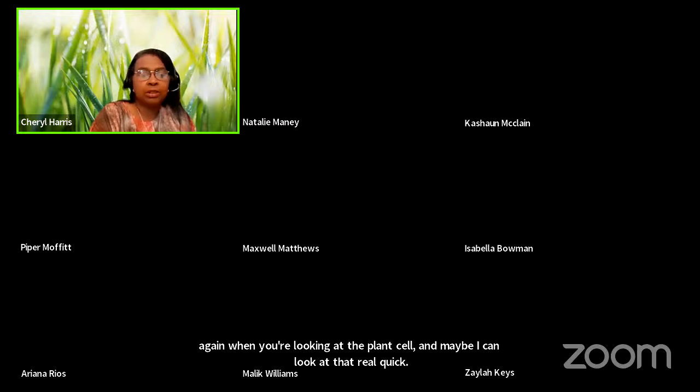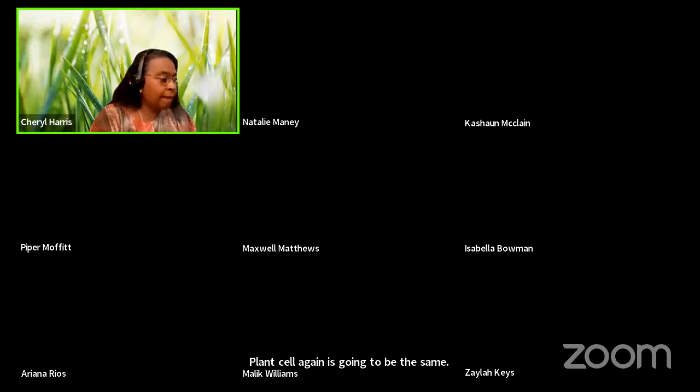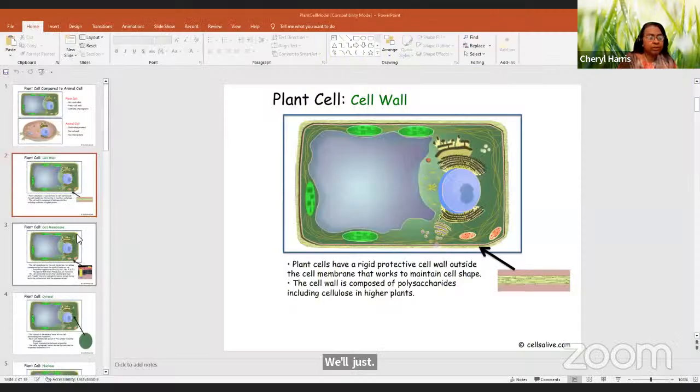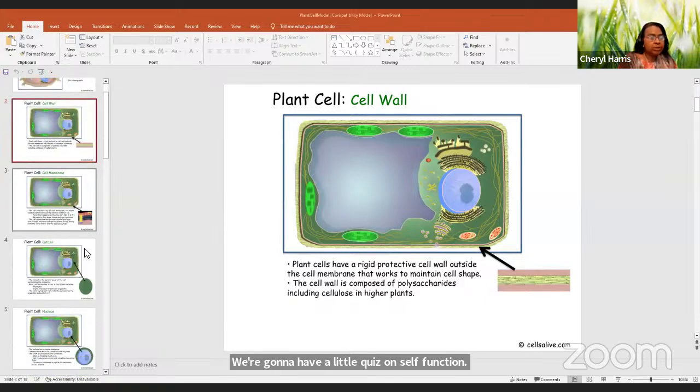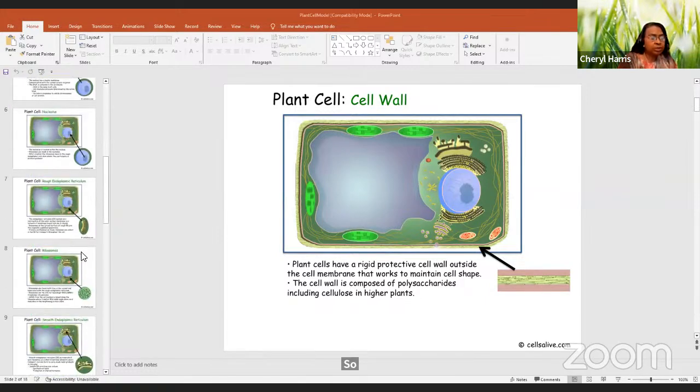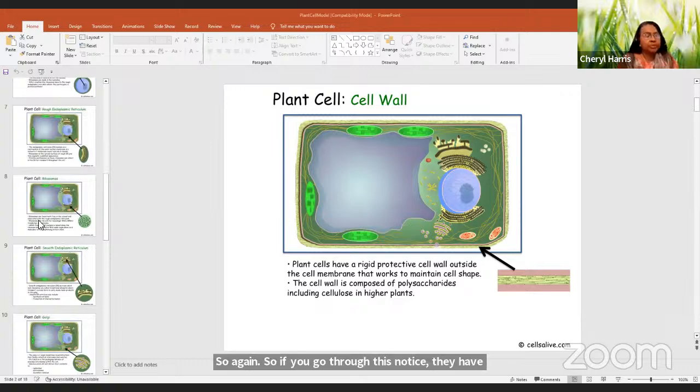I can look at it real quick. So that when we meet on Wednesday, tomorrow, we're going to have a little quiz on cell function. So again, if you go through this, notice they have all the cell parts.